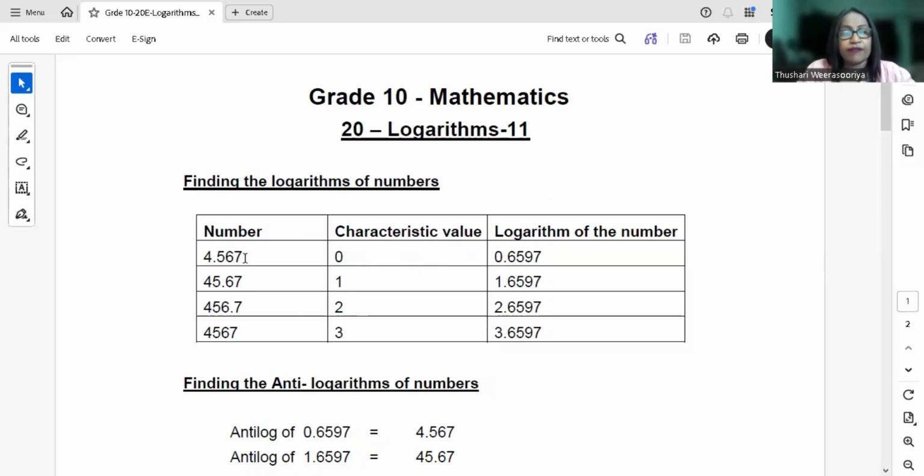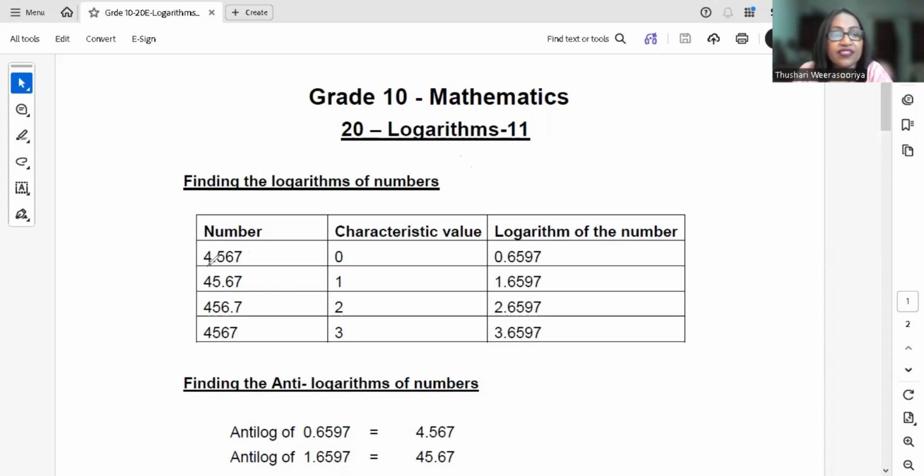4.567. The first thing is to identify the characteristic value. What is the characteristic value of this number? 4.567.